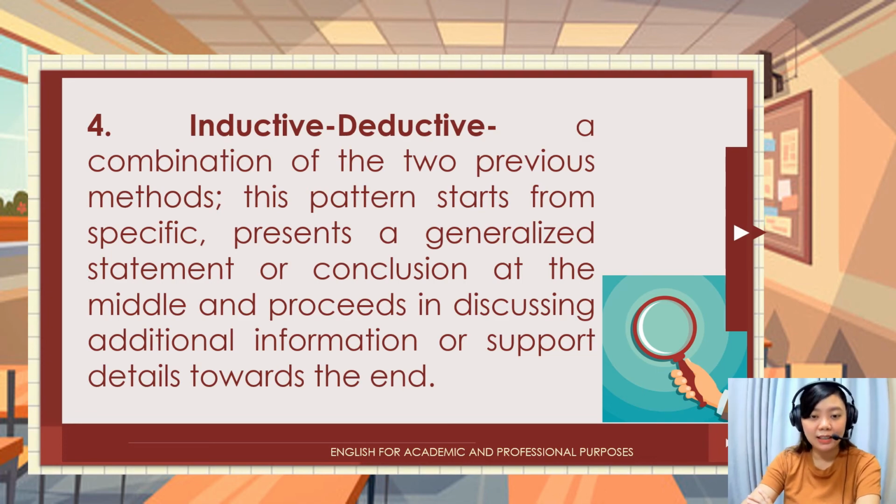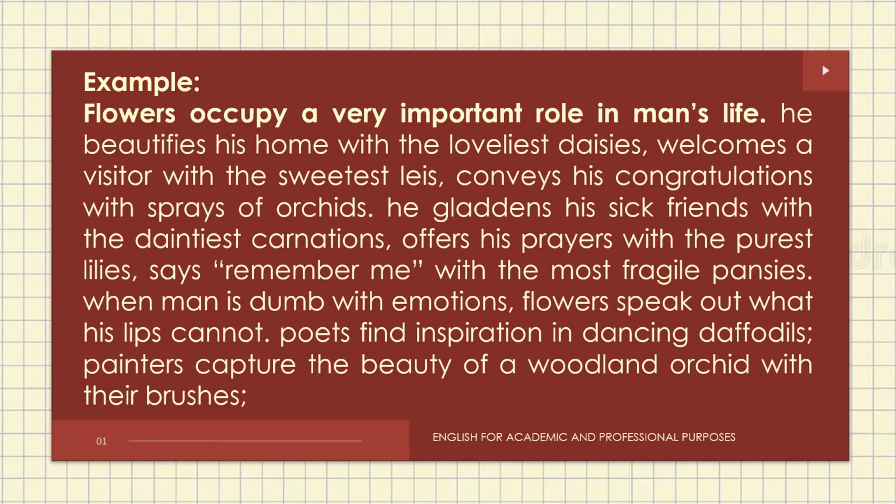So let's have the example. Flowers occupy a very important role in man's life. He beautifies his home with the loveliest daisies, welcomes a visitor with the sweetest lei, conveys his congratulations with sprays and orchids. He gladdens his sick friends with the daintiest carnations and such. The thesis statement is literally, "Flowers occupy a very important role in man's life." You can really find the thesis statement exactly in the sentence if you know how to identify the topic of the sentence.